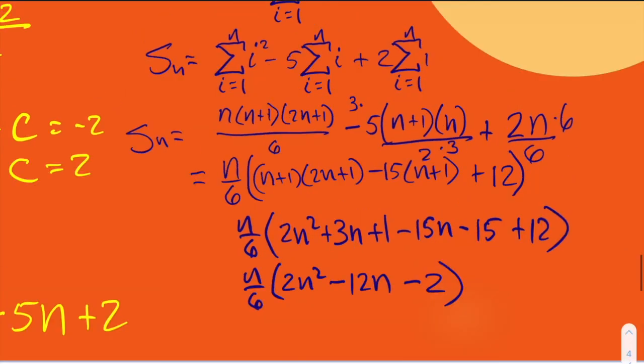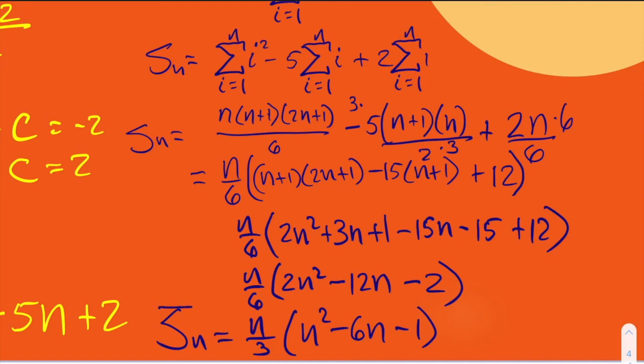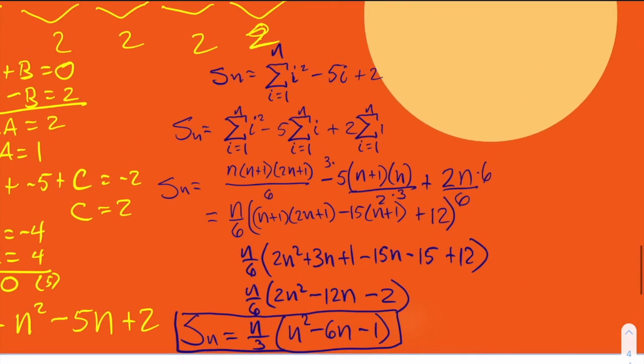And it looks like we also have a common factor inside of 2, so that's going to cancel out with the 6 and become n over 3. And inside now we have n squared minus 6n minus 1, which is not factorable, and so our S sub n is complete. And there is the sum of the n finite differences.